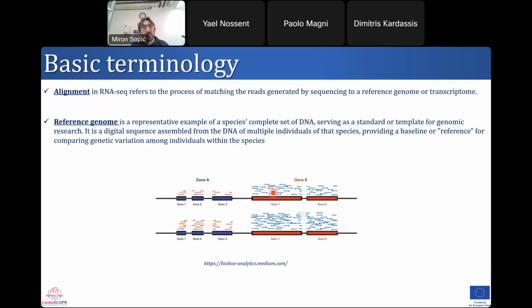And a reference genome is a representative example of a species' complete set of DNA, which basically means it's some kind of standard DNA sequence that you can align or map your data to.